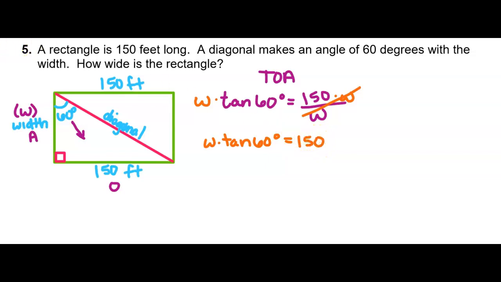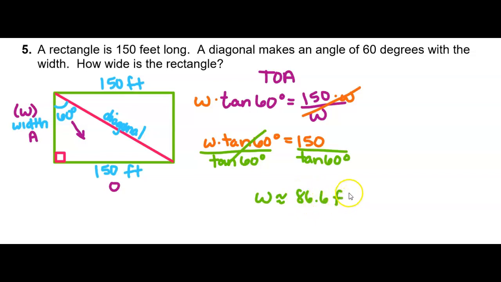Last step to solve for W would be to divide both sides by tangent of 60 degrees. Again, make sure your calculator is in degree mode when you calculate this. So W would approximately equal 86.6 feet. Again, make sure you include units.